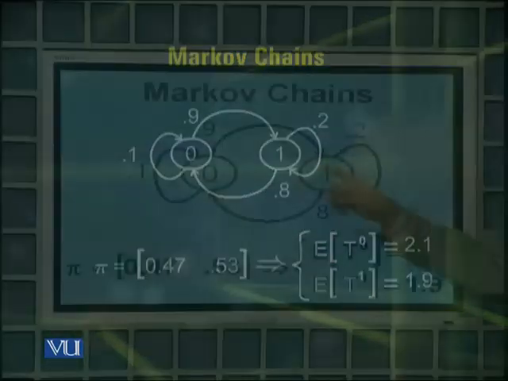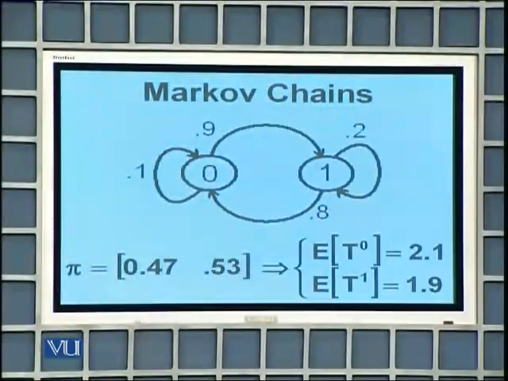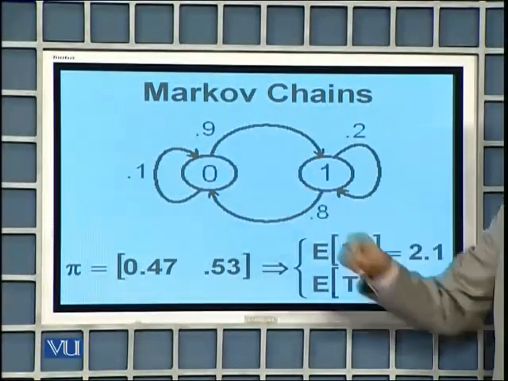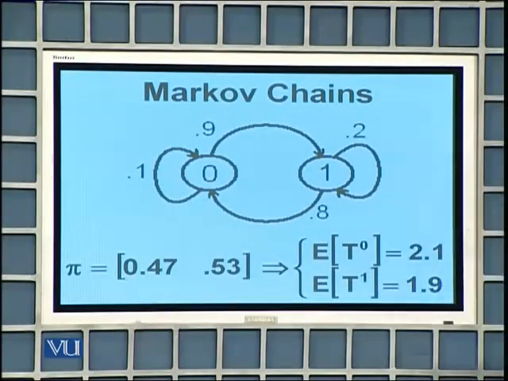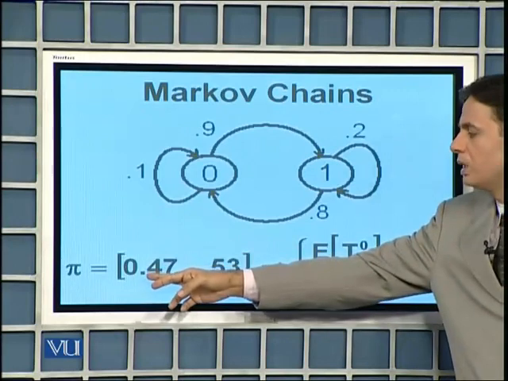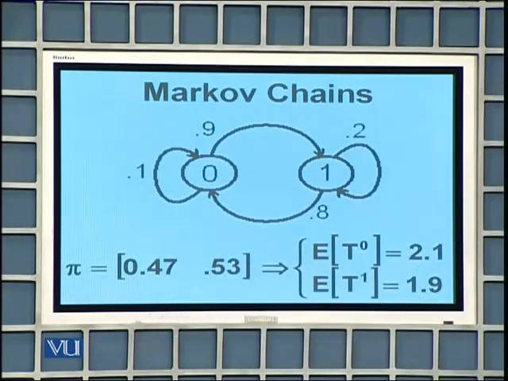Let's suppose our q is 0.9 and our p is 0.8. So there is 80% probability that on the next step we'll move here. If you just plug in these values, you get stationary probability distribution values of 0.47 and 0.53.